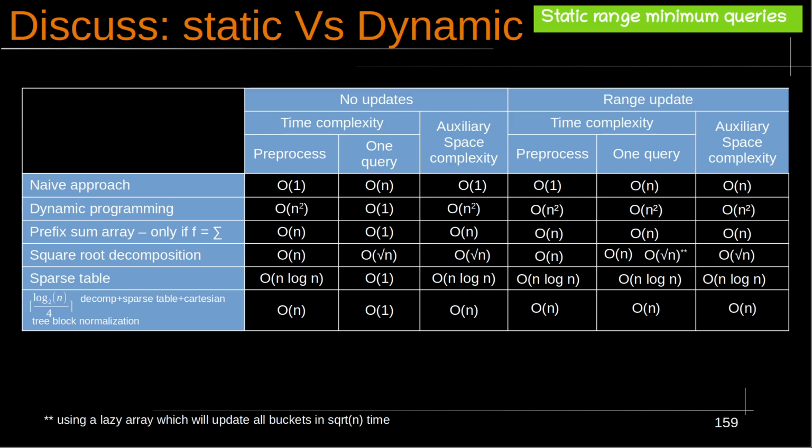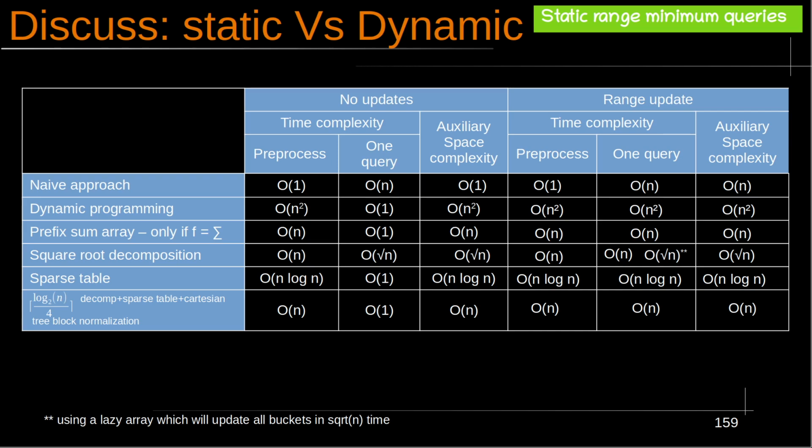There are many techniques to solve a dynamic range query efficiently, and we can use these techniques in a static range query, because they are very efficient in both problems.